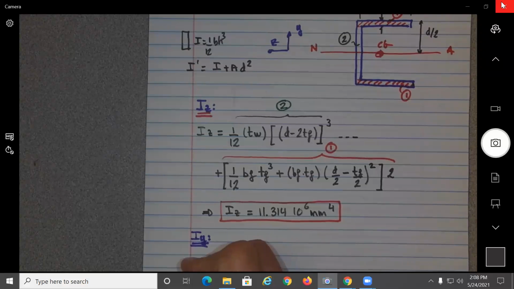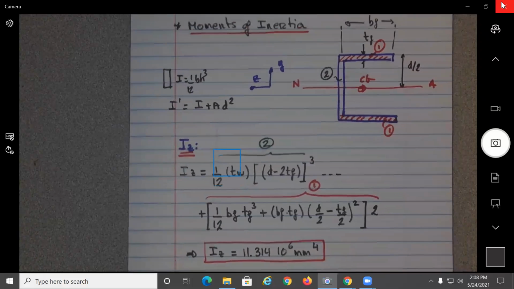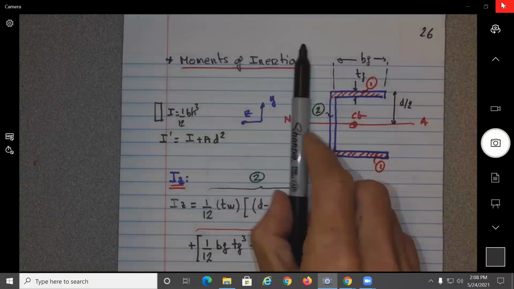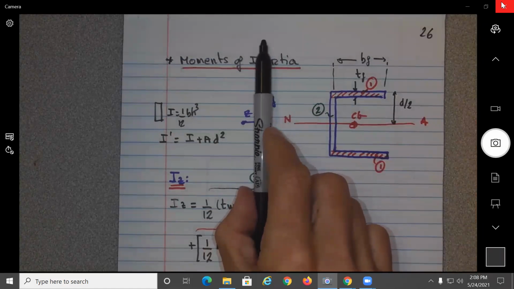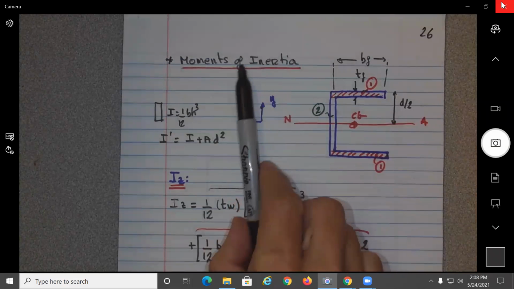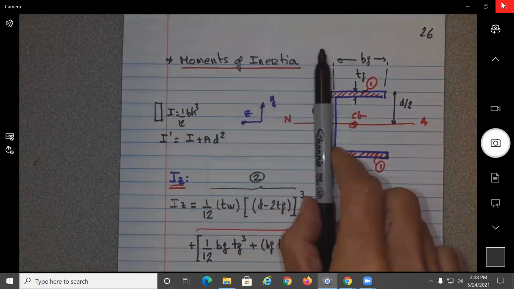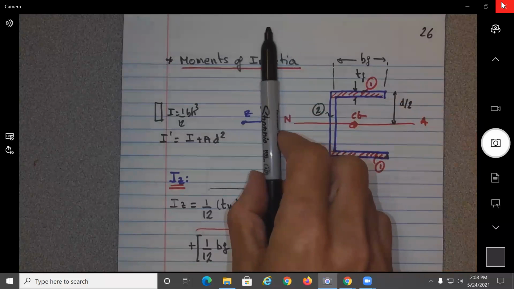So I Y. Now we are looking at the rotation about what? About this axis or about this one? We're looking at how this is going to bend about this axis, no? So be careful, because now all this is going to be switched, no? The B and the T.